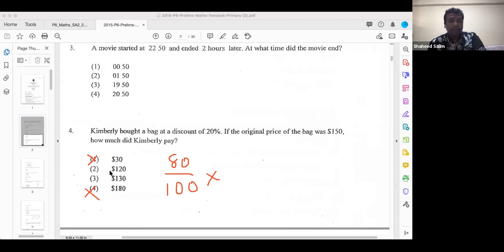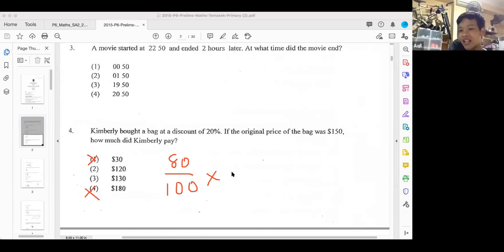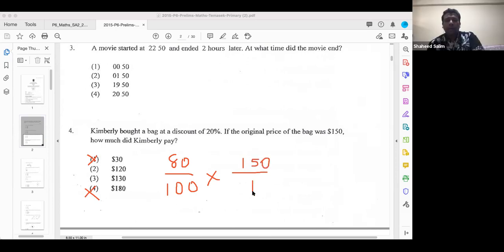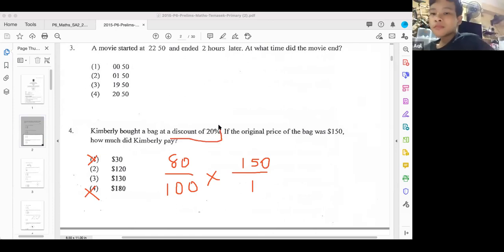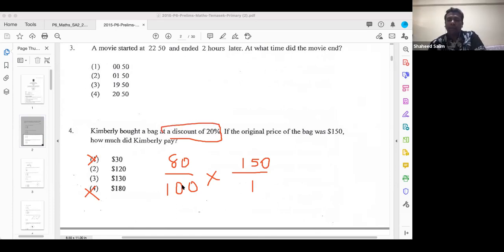No, I guess properly, not a random guess. So this is the formula. Now, how do we know this formula? You want 80% because the discount is 20%. Discount means you don't need to pay the 20%. So how much do you pay? 80%. 80% is 80 over 100. You just times by 150, that's it. You will get 120.